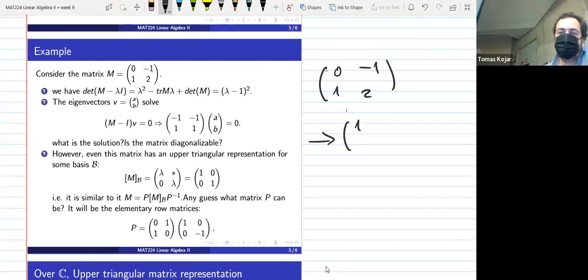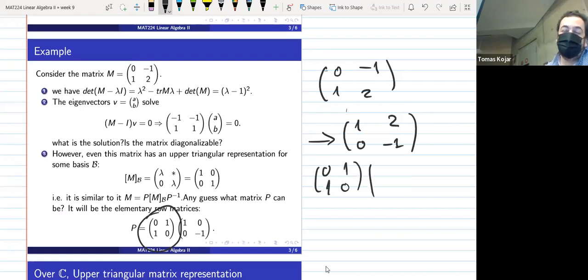That's the first step. You can get this by multiplying by this matrix: 0, 1, 1, 0. What is that? 0, minus 1, 1, 2. If you do the multiplication, you get the switching of rows.